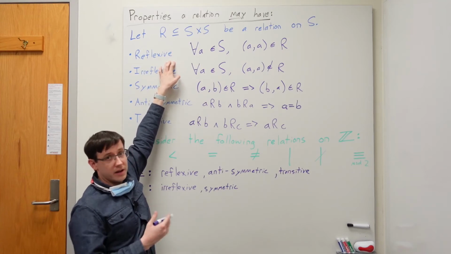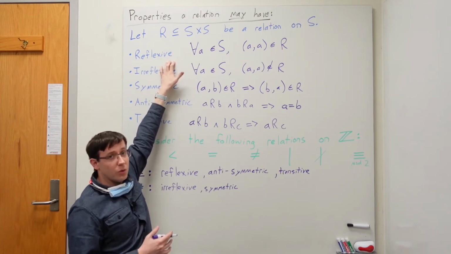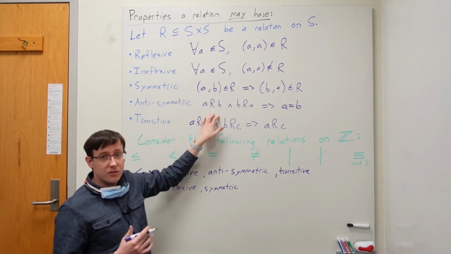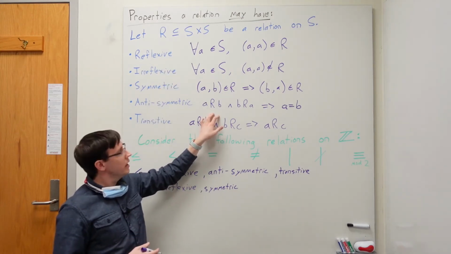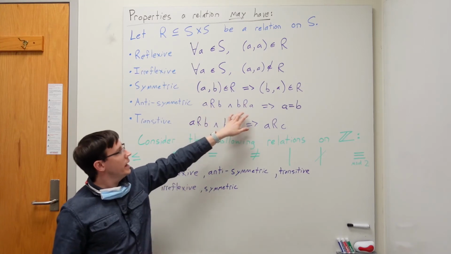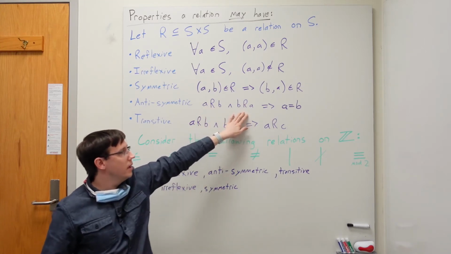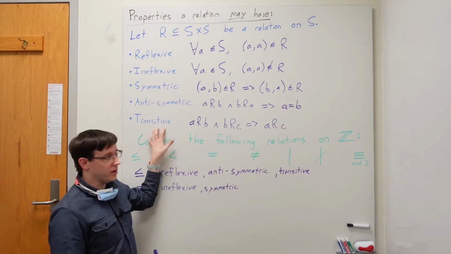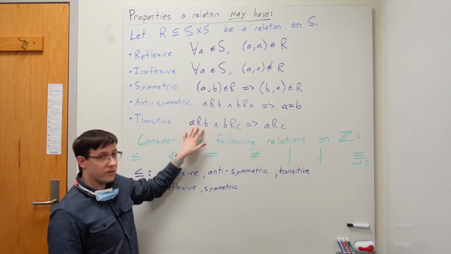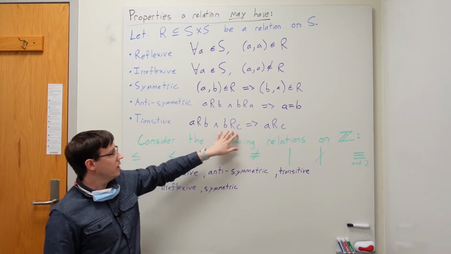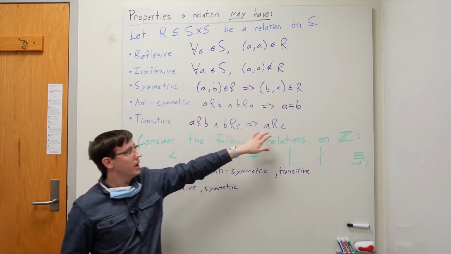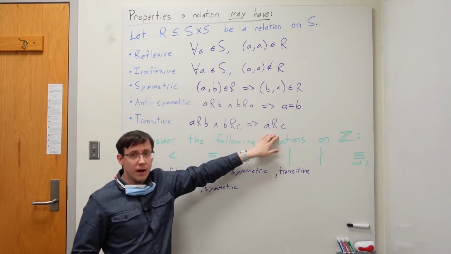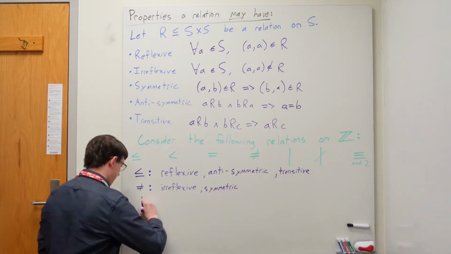In fact, it's never the case that an integer is not equal to itself. It's not antisymmetric because of counterexamples like 1 is not equal to 2 and 2 is not equal to 1, but we can't conclude that 1 equals 2. And it's not transitive because we can have 1 is not equal to 3 and 2 is not equal to 3, but 3 is not equal to 3.